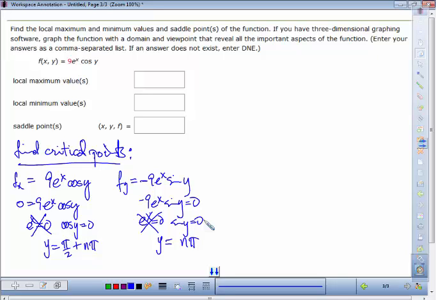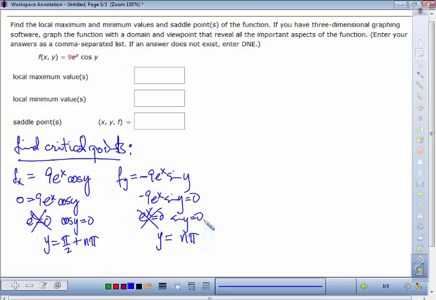So it looks like it'll be 0 when y is equal to 0 and y is equal to all that other stuff. So the idea is to try to find x's that would associate with this.